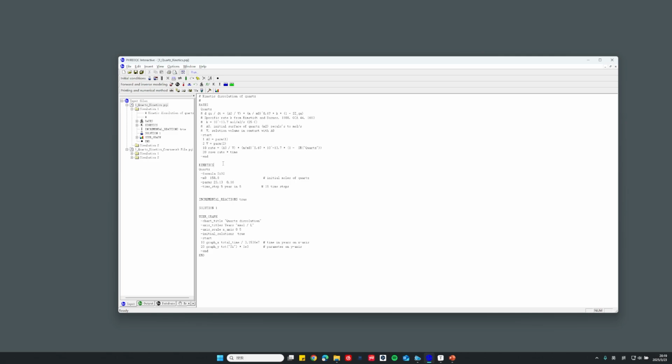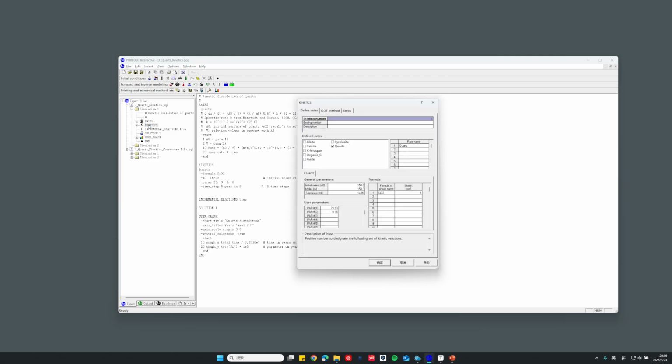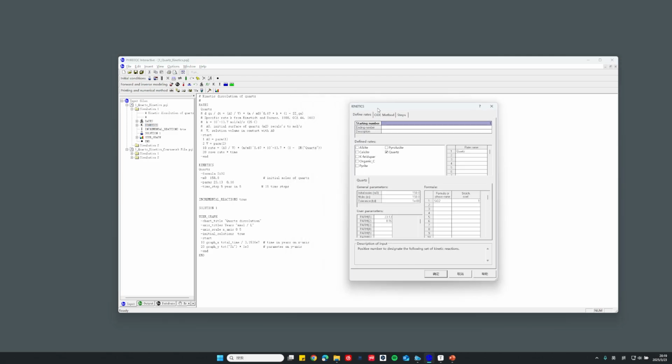So first, let's move to the kinetic. As I mentioned, the kinetic is a function that can define the initial condition and also the time step of your kinetic reaction. As you can see, we can see quartz here. So it means this time we are going to use quartz to do the kinetic reaction.